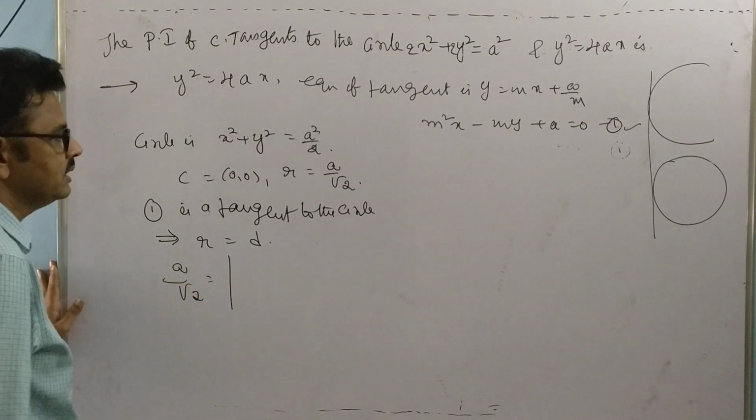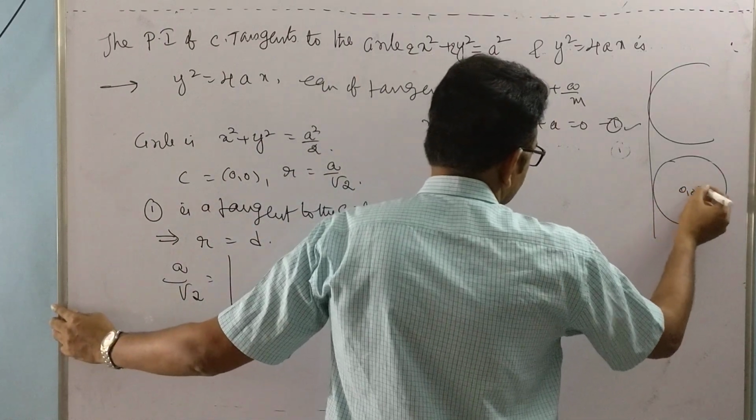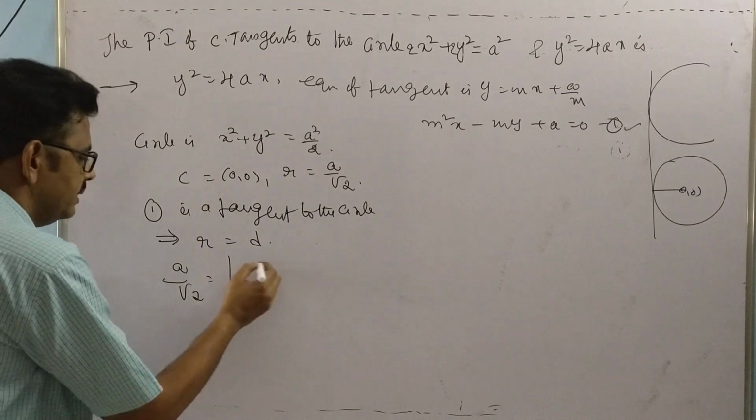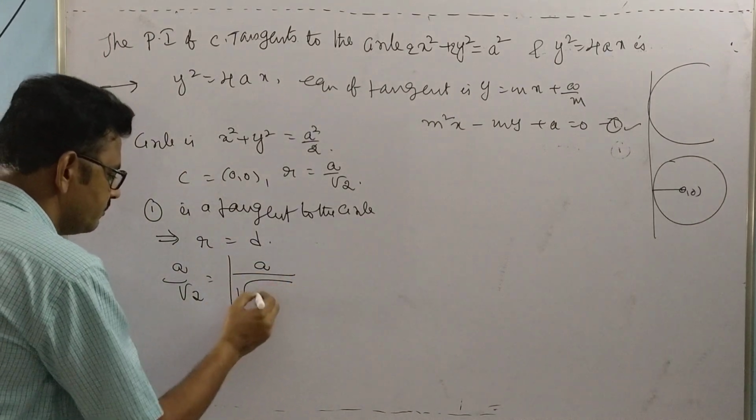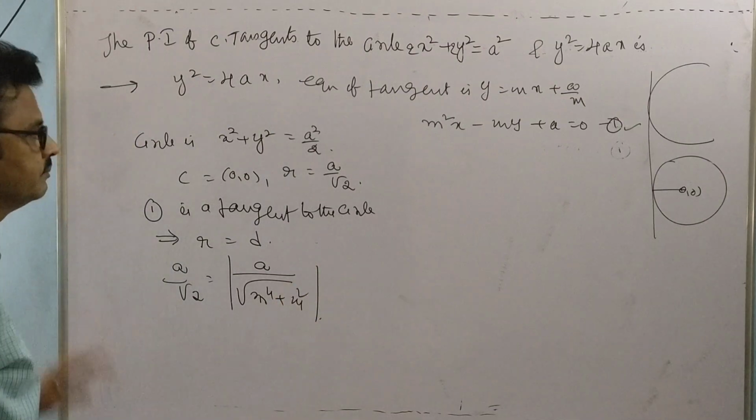D is the length of the perpendicular from center 0, 0 to this tangent. So this is a by root of m power 4 plus m square.